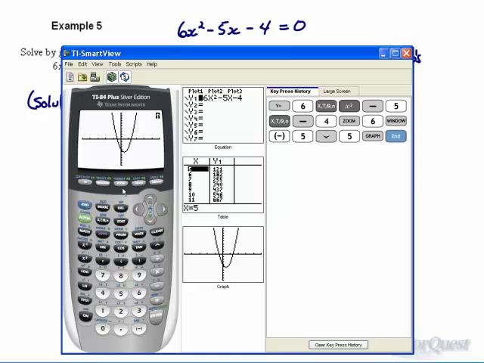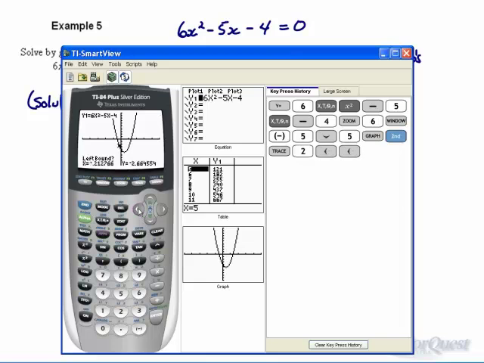If you go second function trace, it'll bring up an option called 0. Choose that. By the way, you can also find minimum and maximum of your graph. We don't do that in this course, but in the actual Pure Math 20, they use that feature quite often as well. We just tend to use zeros more often. So we're going to find the 0.